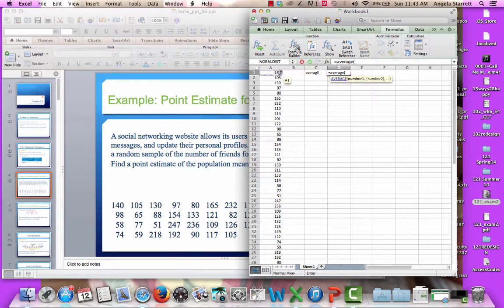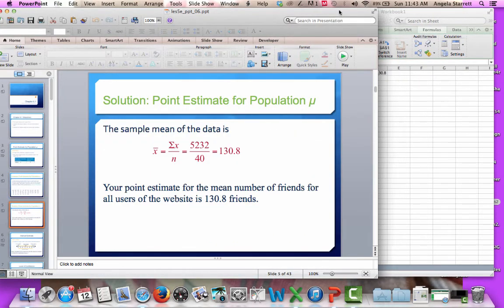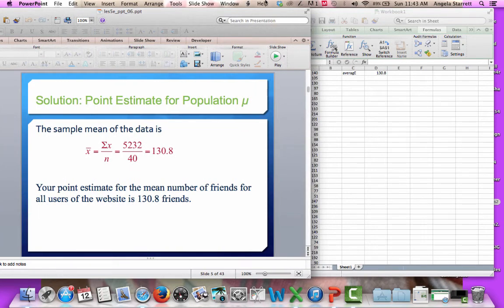What do we want the average of? We want the average of all of our data. Excel adds it all up and divides by the number in the sample, and you can see that we get 130.8. So our point estimate for the mean number of friends for all users of the website is 130.8.